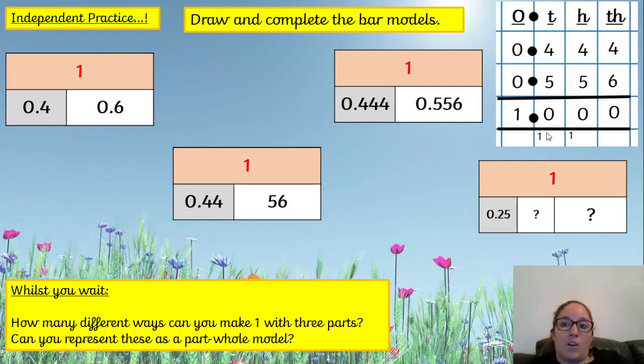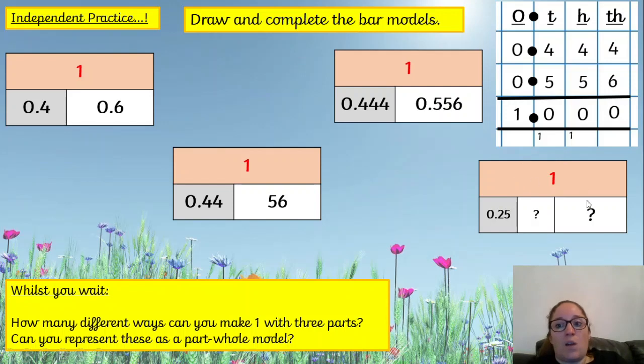So we put a 0 there and our 1 here, which gives us 1.000, which we don't need. We just need the 1. It's 1 whole. We don't need those zeros. So think carefully about how you can represent this column addition in a bar model, and always go back to column addition if it helps you to work these out, or subtraction, whatever you find easiest. And it also depends on what number's missing.